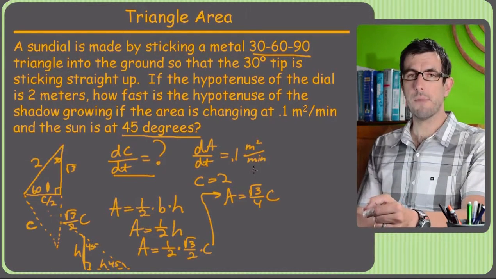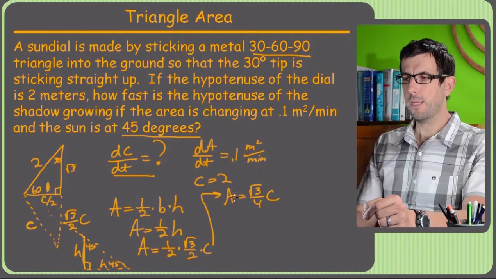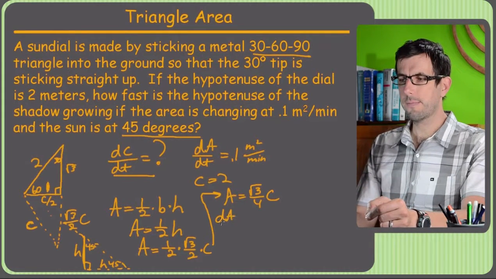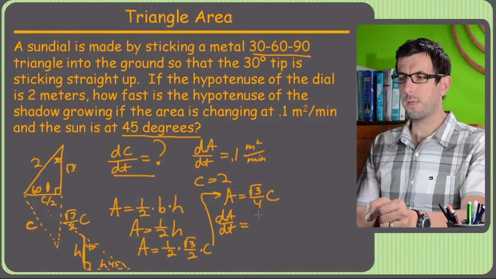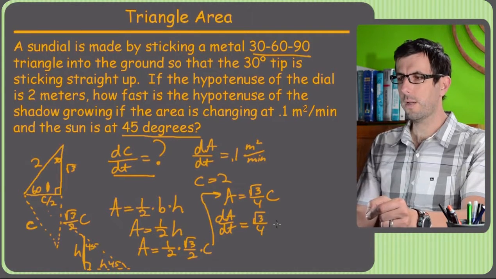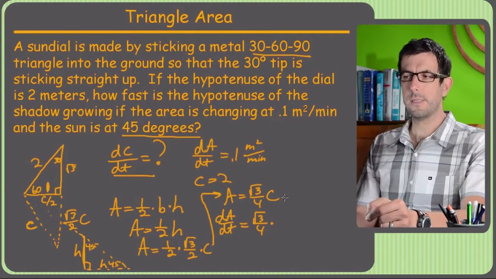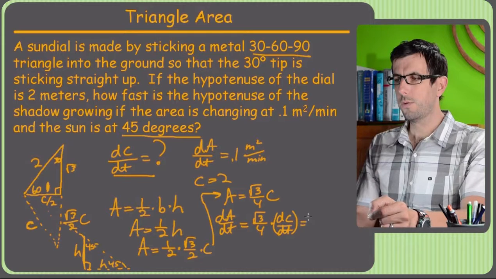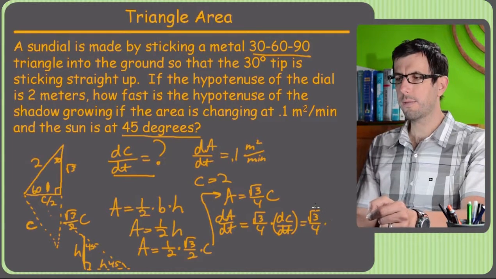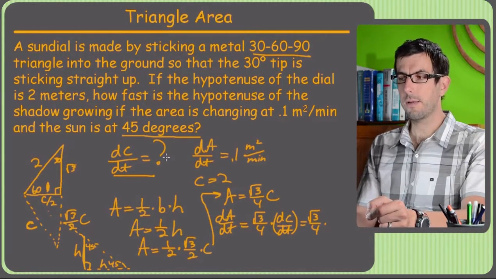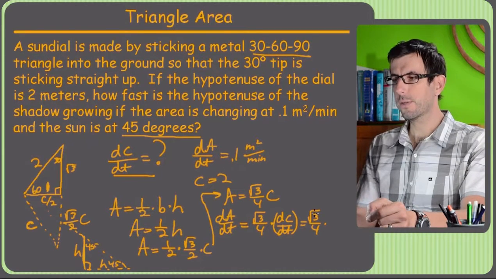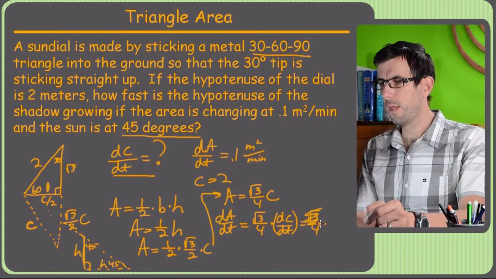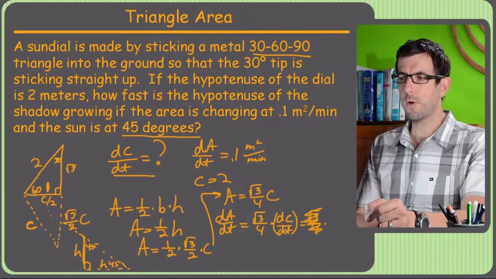Alright, so now I've got something I can take the derivative of pretty easy. I'll get dA/dt equals square root of 3/4 times the derivative of c, which is dc/dt. Oh, that's what we want actually. So we want to isolate this.